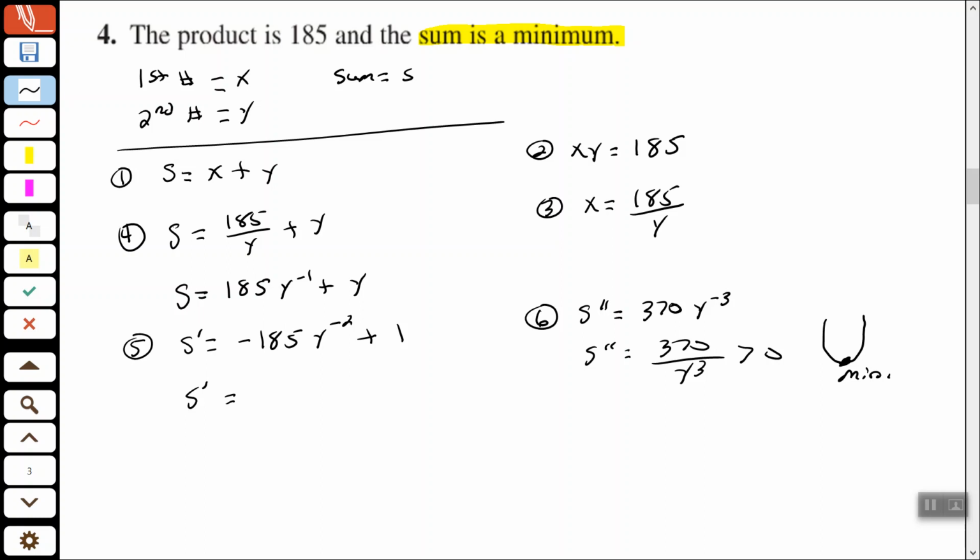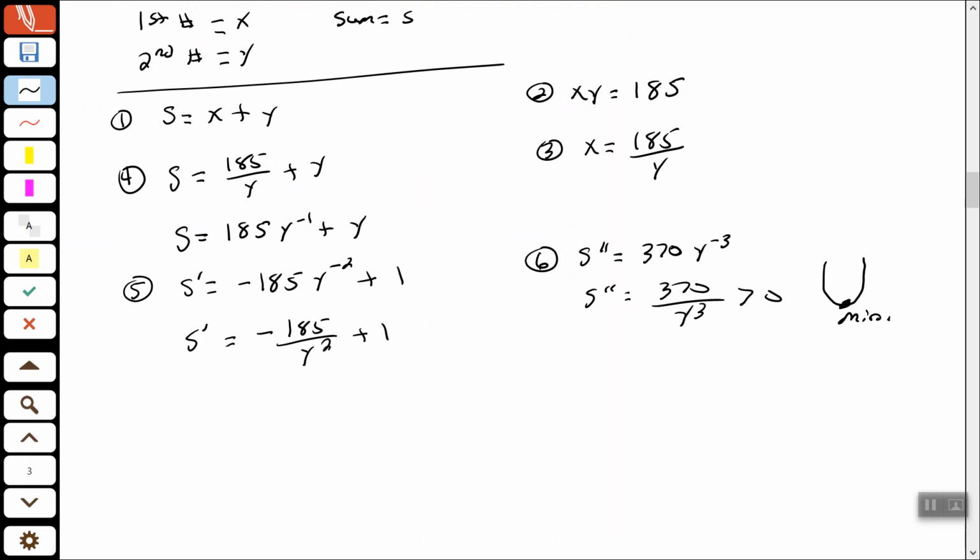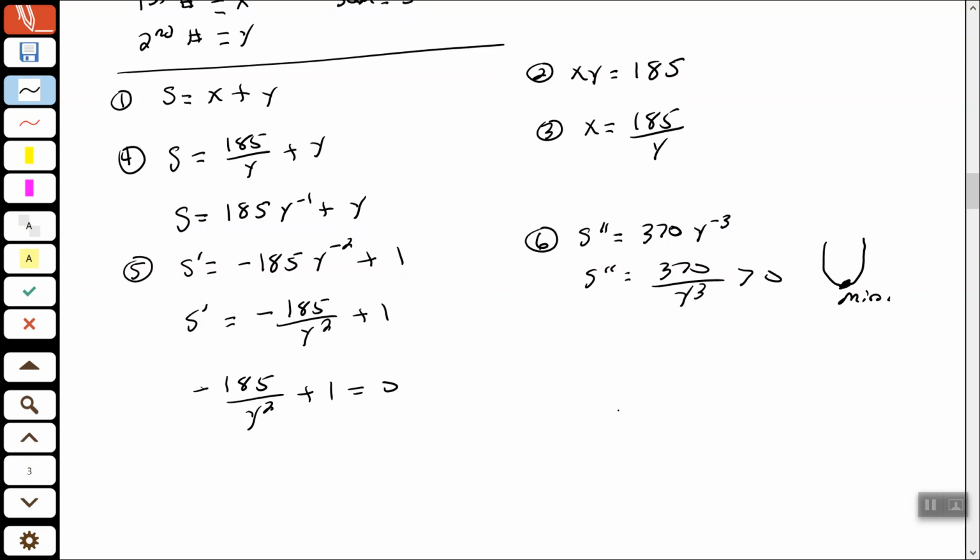Let's come back over here to our first derivative. Let's rewrite it, and then let's set it equal to 0 to find the value of y. Okay, so we can multiply both sides by y squared.